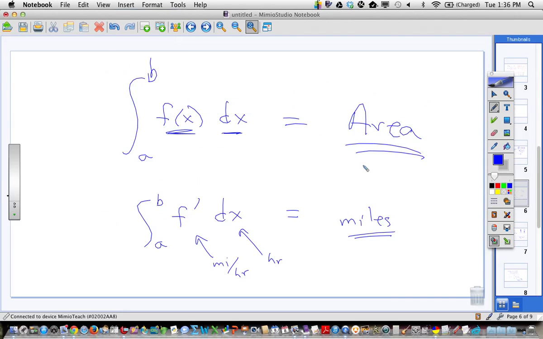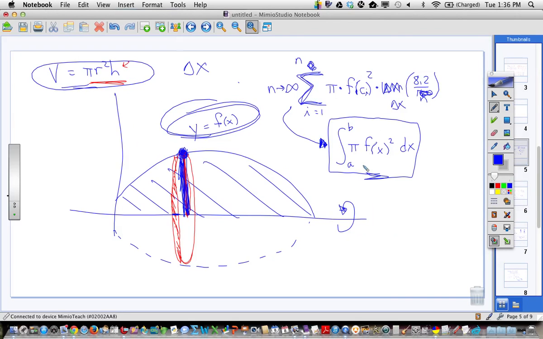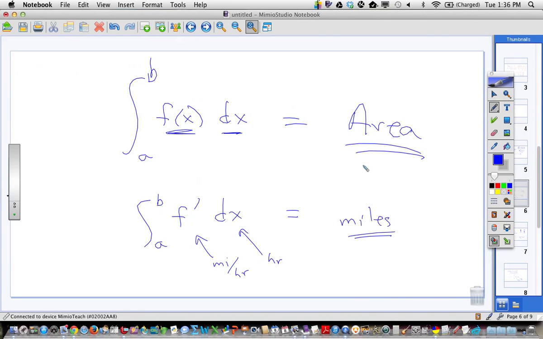But here's the really new thing on this. What we're used to seeing is just the integral of a function dx, right? Integral of f of x dx, or maybe it's f prime dx, whatever. But we're not used to a formula being, well, I guess I take it back, arc length. Remember arc length?